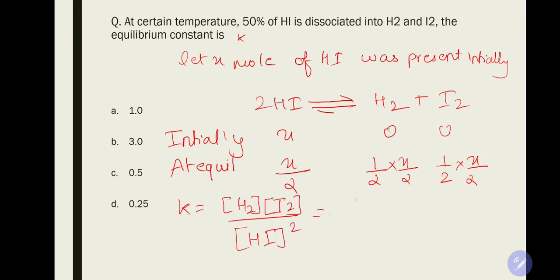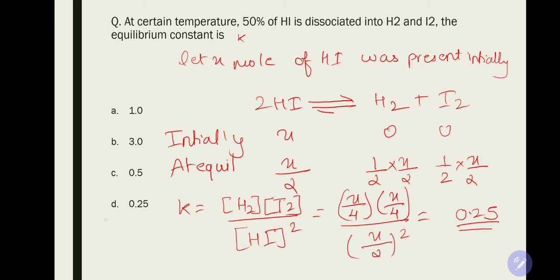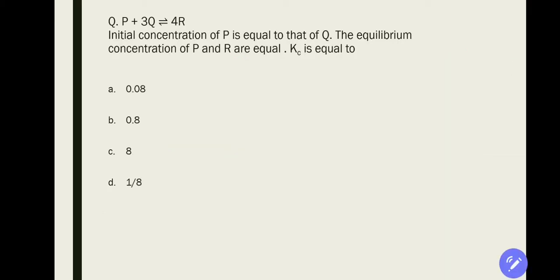So substitute the values, that is X upon 4 into X upon 4 divided by X by 2 the whole square, which is equal to, if you solve this, you will get the value 0.25. So the answer is 0.25, the equilibrium constant. Okay, understood? Now let's proceed to the next question.